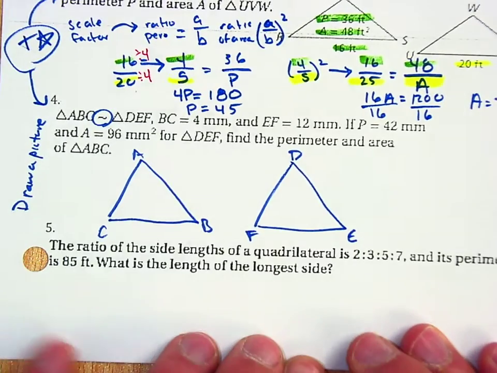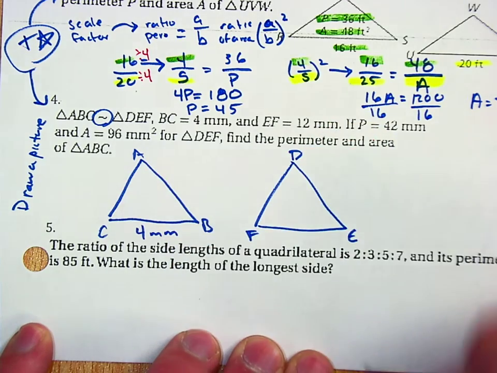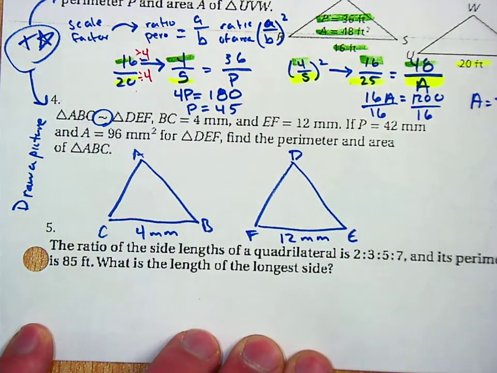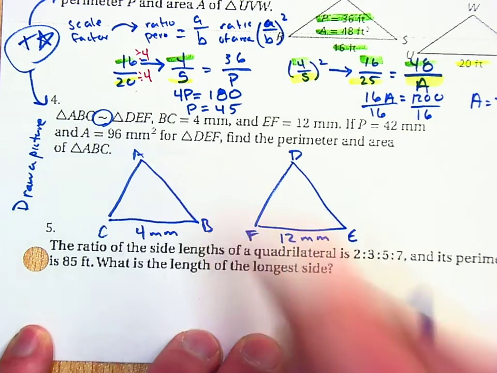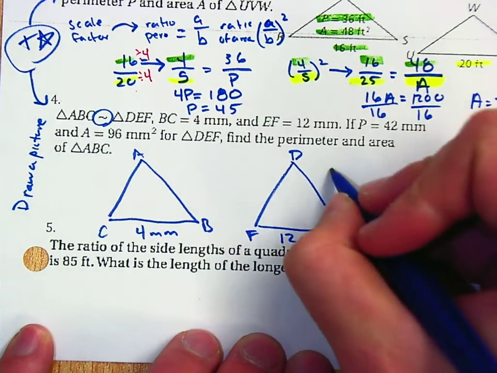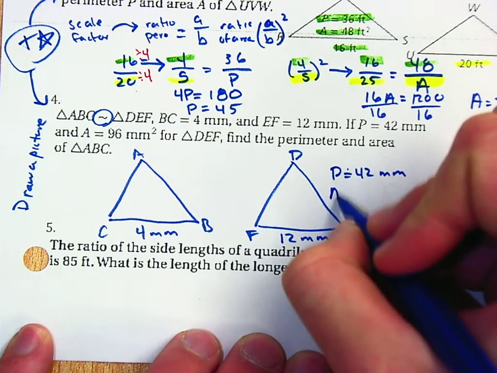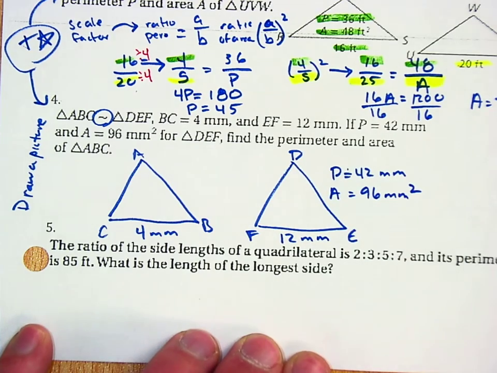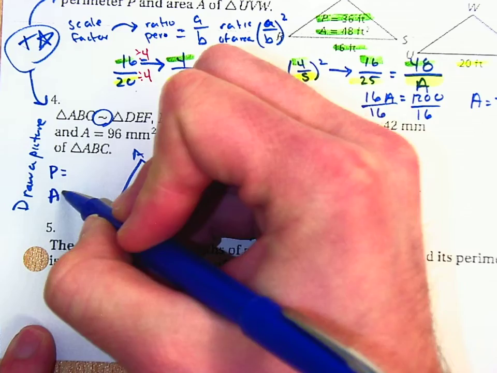They tell us that BC is 4 millimeters and EF is 12 millimeters. They tell us that the perimeter and area for DEF are 42 millimeters and 96 millimeters squared. And they want the perimeter and area of ABC.